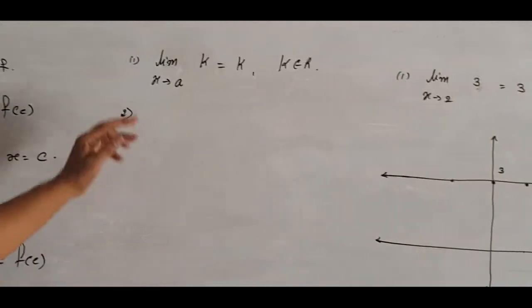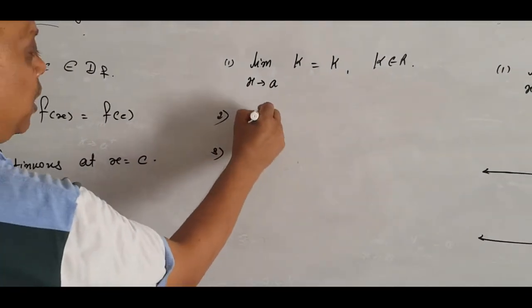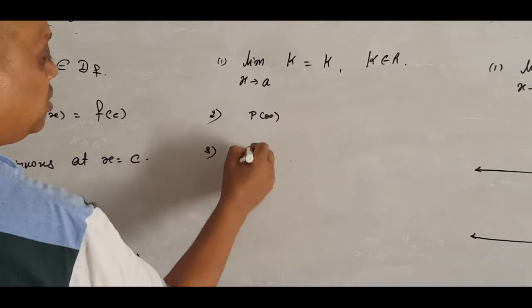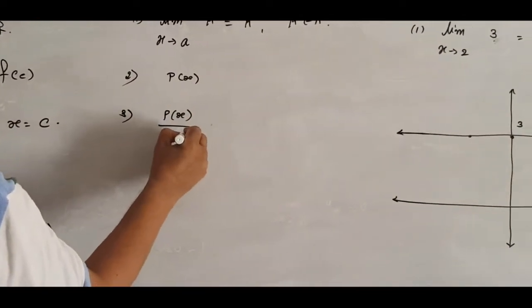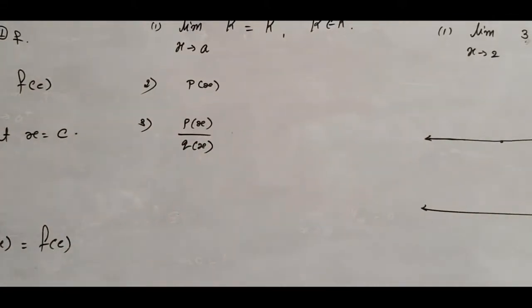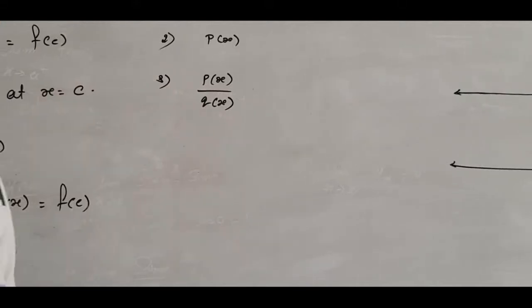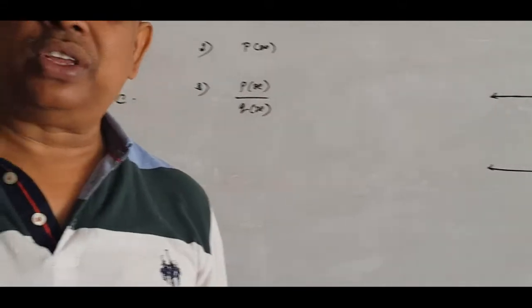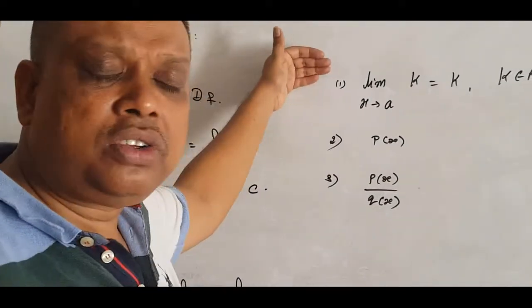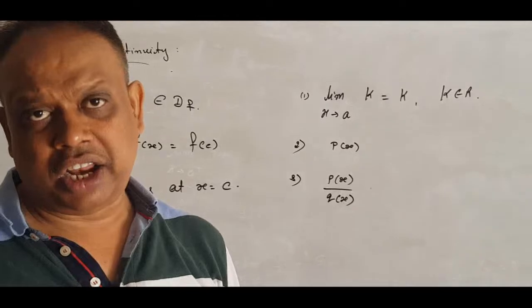Okay. The third thing, rational function. Polynomial means p(x), I say. Rational function means a function in the form of p(x) upon q(x). So a function which is given in a rational form of polynomials, those rational functions are also continuous. So constant functions, rational functions, polynomial functions are continuous.